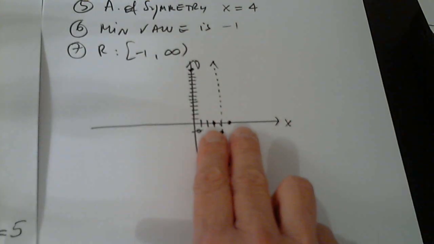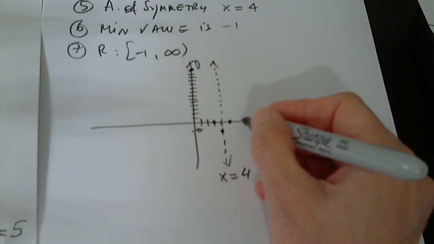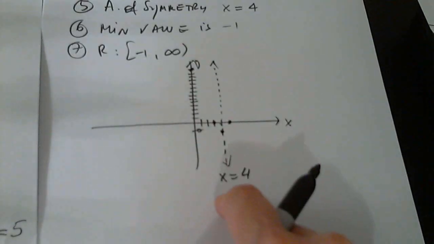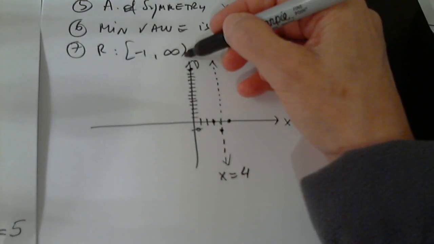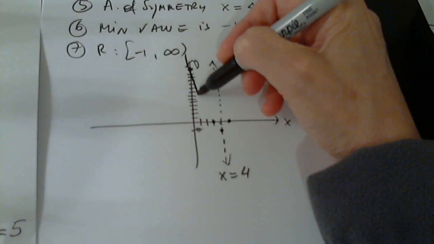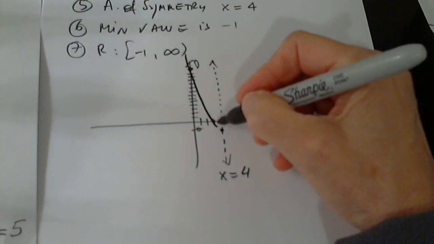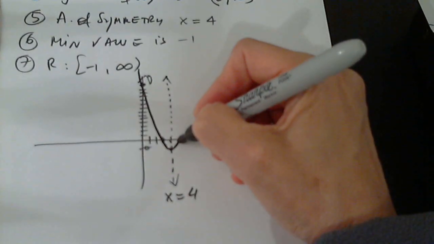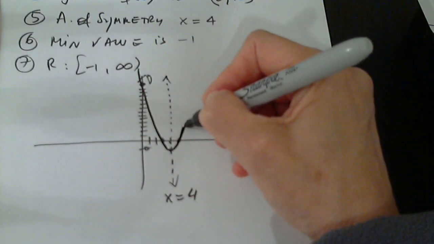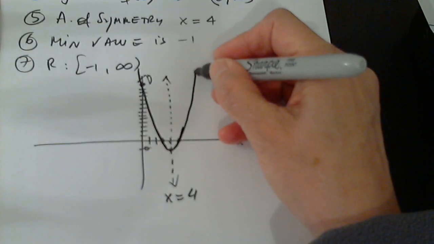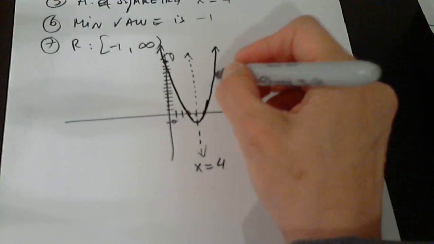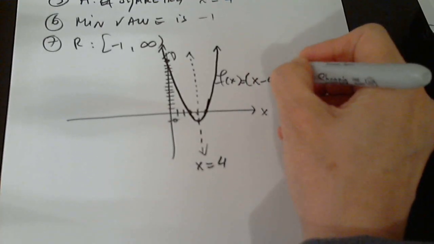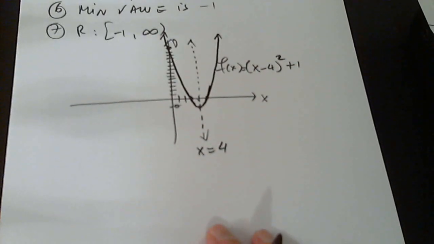Notice that they have to be symmetric, right? This cannot be at 10 and this one at 3. They have to be symmetric, 1 unit away from the axis of symmetry in this case. And now I'm trying to graph this, making it as smooth as possible. So this is the graph of f of x equals (x minus 4) squared plus 1. Minus 1, sorry.